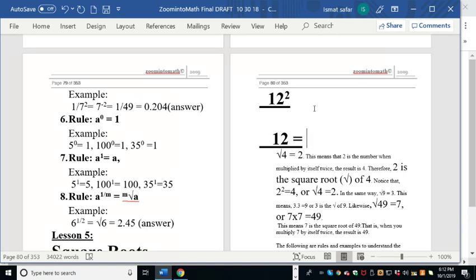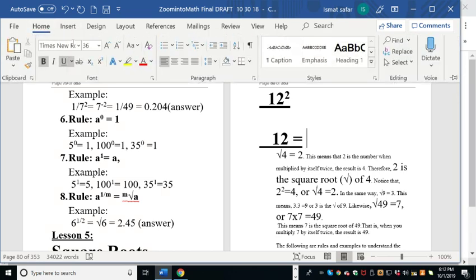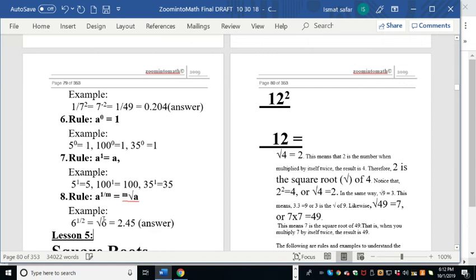You guys work with me. It has to be the square root of what? 12 times 12, 144.